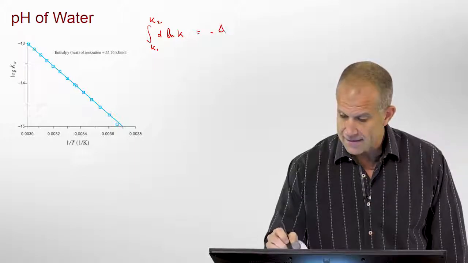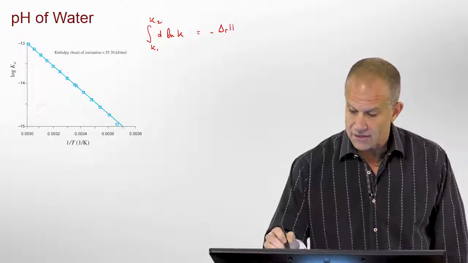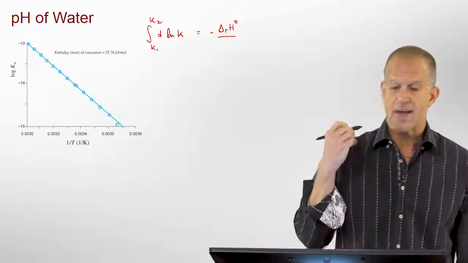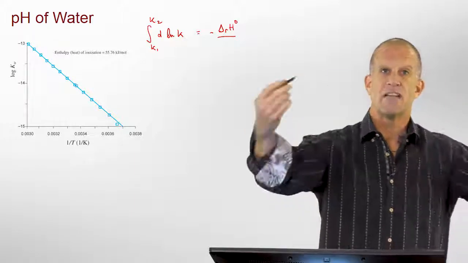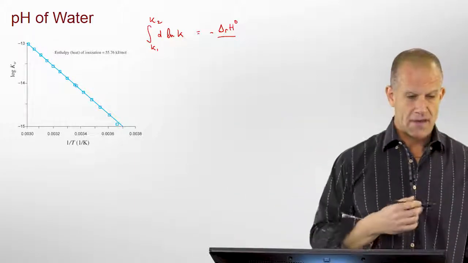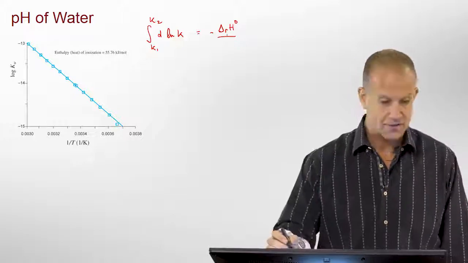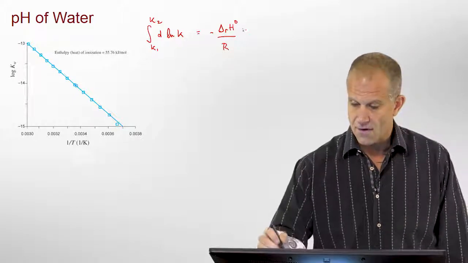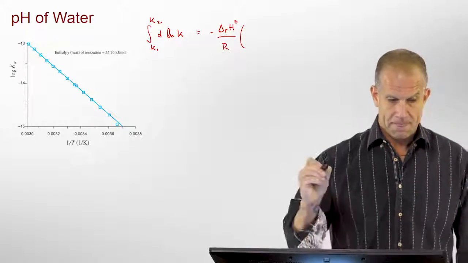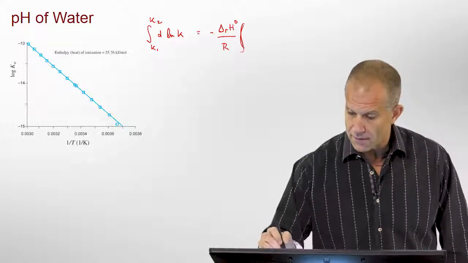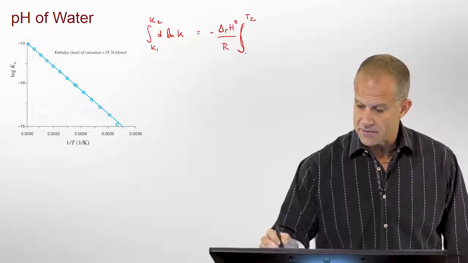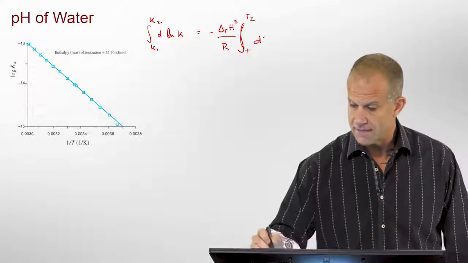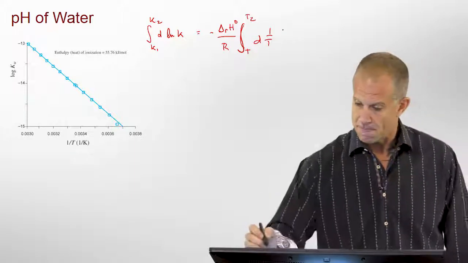It's minus this ionization. But the nice thing is, the van 't Hoff equation is for any chemical reaction. So you can write it as a general chemical reaction, the general standard state over R. And then this will be integrated from T2 to T1 of d(1/T), right?